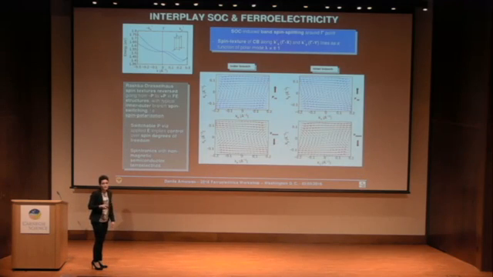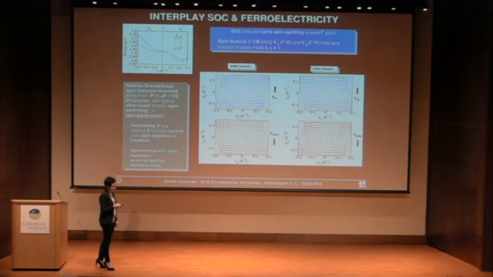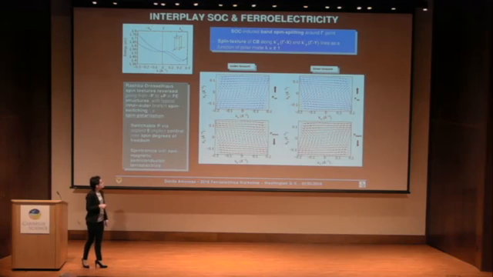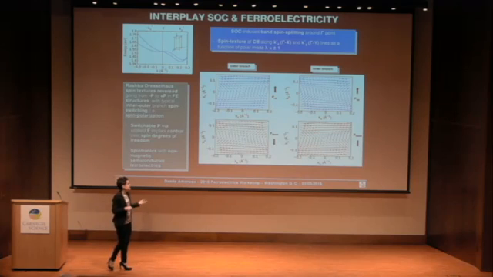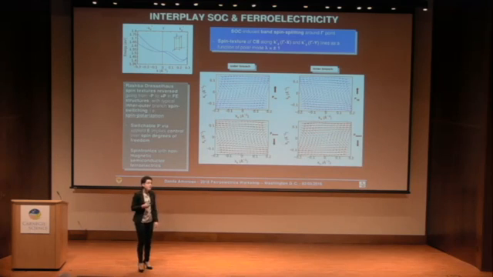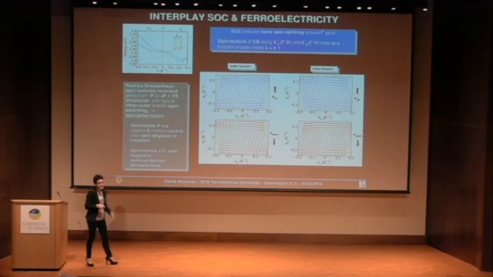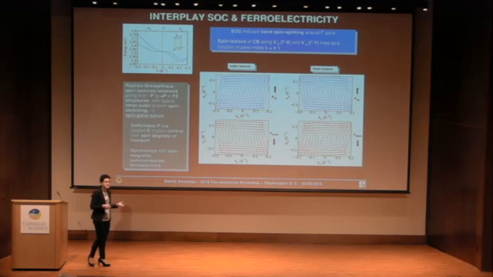Moreover, if we perform the same calculation on the reversed structure, that means on the structure that gives us the minus polarization, what happens is a typical spin switching in the direction of the spin texture itself. And this suggests that it's possible to control the spin texture behavior as a function of the polarization. So this is the result of the coupling between ferroelectricity and these fascinating relativistic effects.